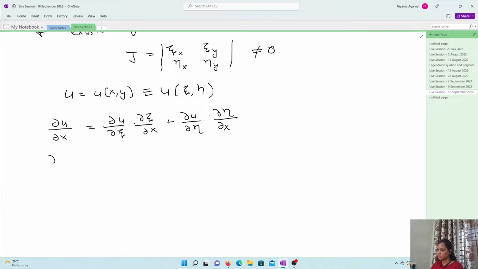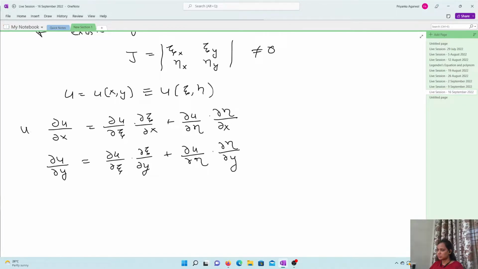And similarly, we can write del u by del y equals to del u by del xi into del xi over del y plus del u over del eta into del eta over del y, and so on.